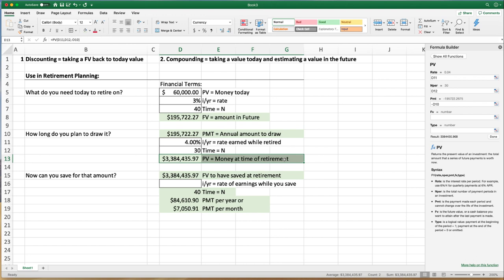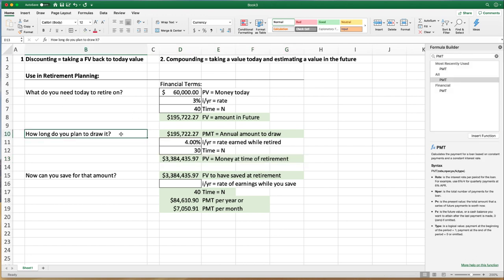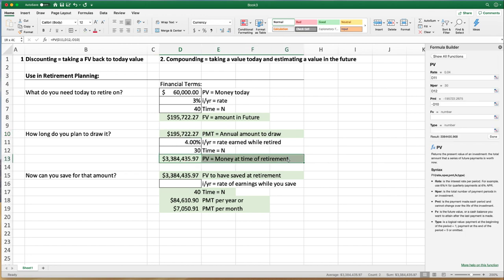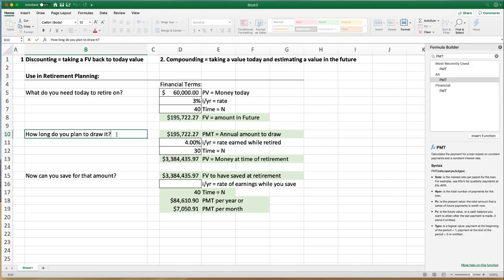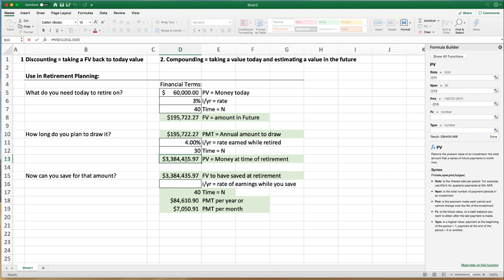What do you call how long do you plan to draw it? We're really calculating a present value at retirement age based on future draws of money. So this one is actually discounting to try to get back. Remember, this is how long do you plan to draw it. And so I'm looking at today, thinking of how much I need at retirement age.